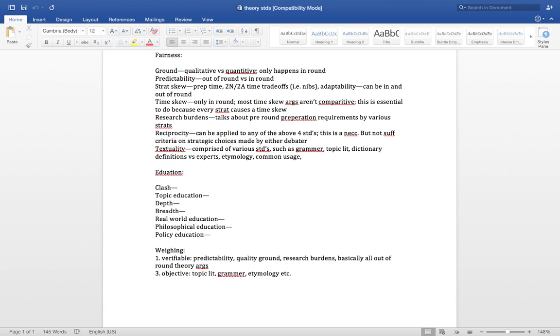Now, I want you to notice how source of the definition, etymology, and common usage are all trying to determine what is the most legitimate version of this definition. They just take different approaches to get there.